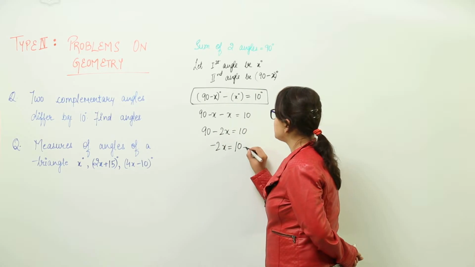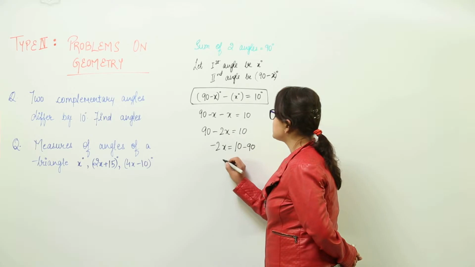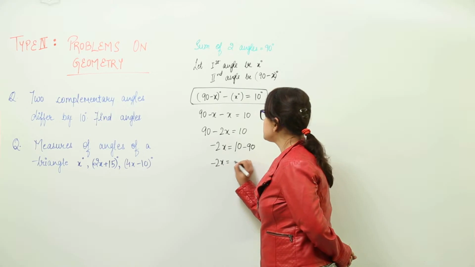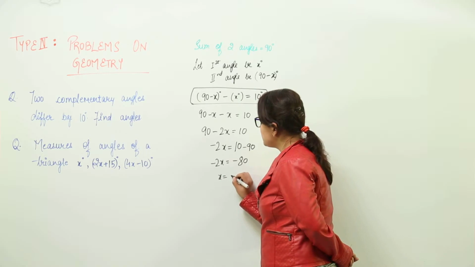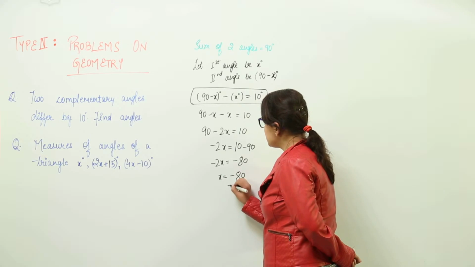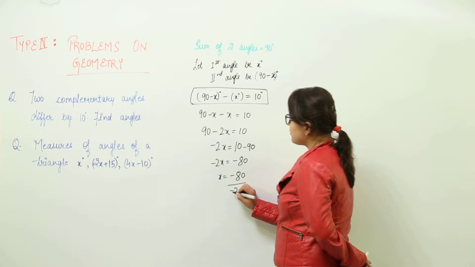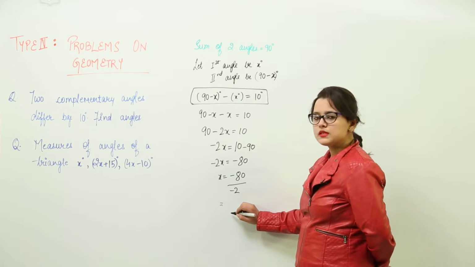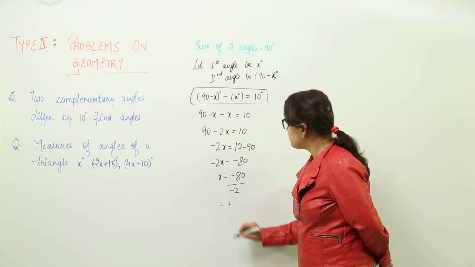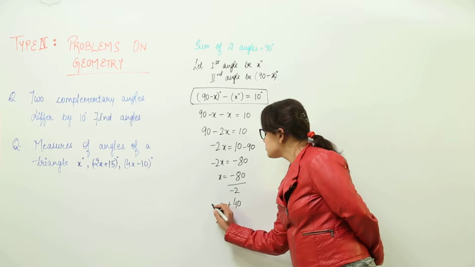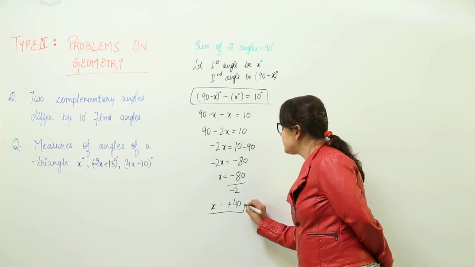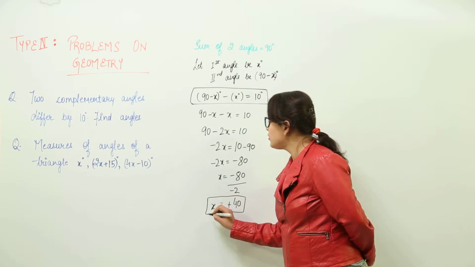Further, minus 2x is equal to 10 minus 90, as 90 is transposed to that side. Now minus 2x is equal to minus 80. Now x will be equal to minus 80 over minus 2. Minus and minus on division becomes plus, and 80 divided by 2 gives us 40. So x is equal to 40 degrees.